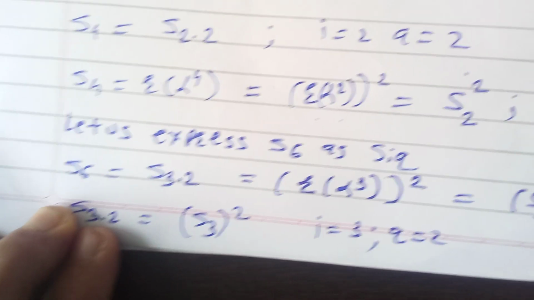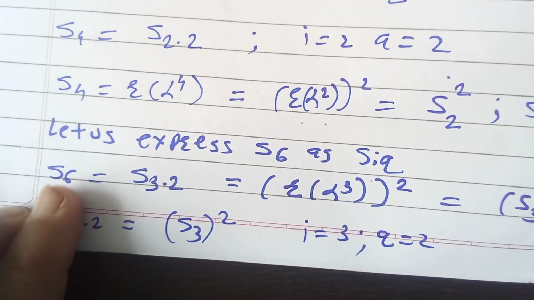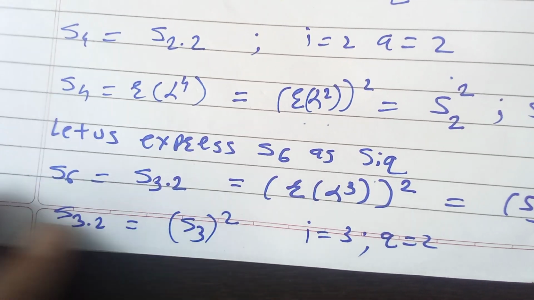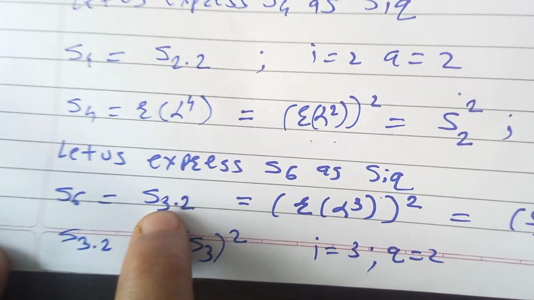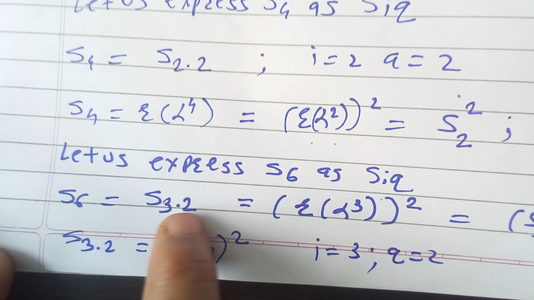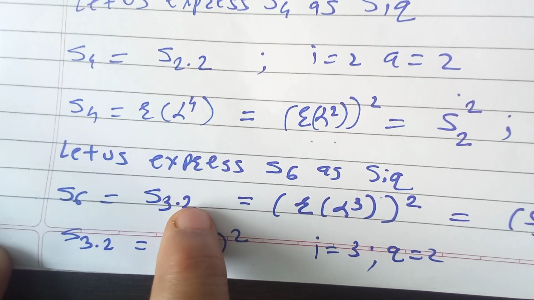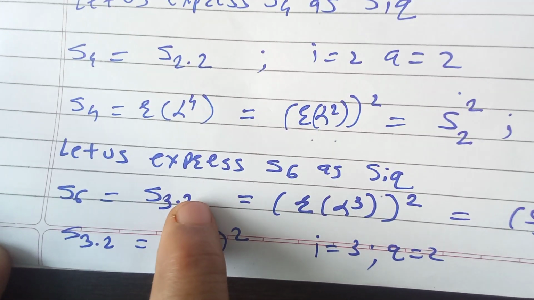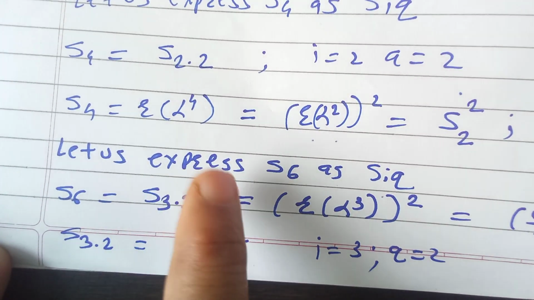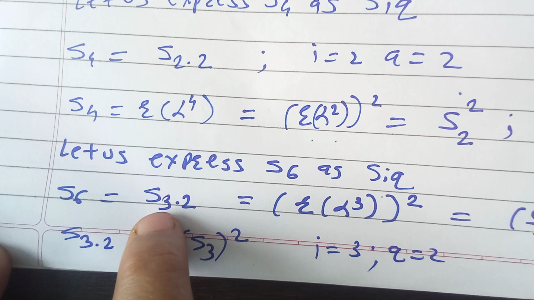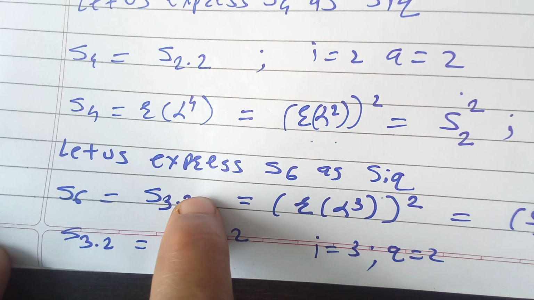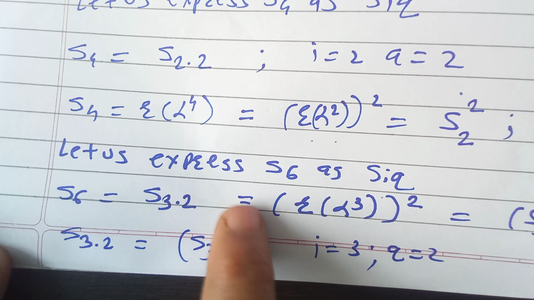Now after that, express S6. S6 is S_(3 into 2). Here i is 3 and q is 2. You can take q as 2 as well as i as 3, interchanged. You can take either i as 3 or q as 3, or i as 2, q as 2.